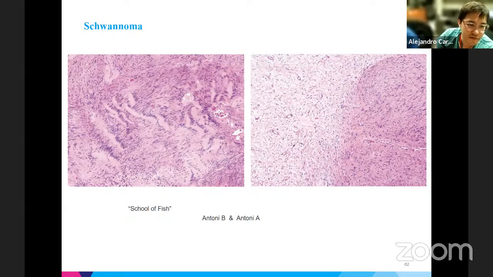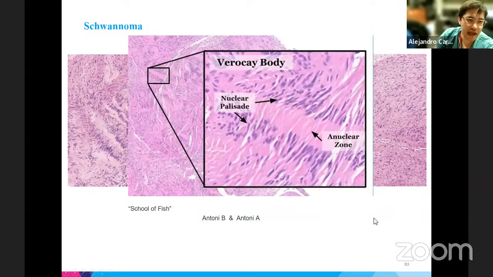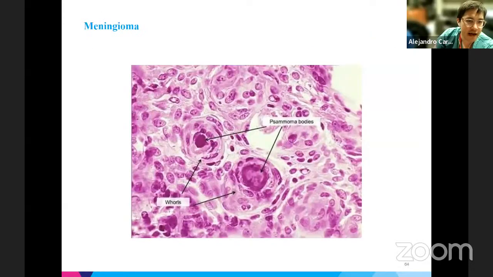You see the school of fish, and then the Antoni B and Antoni A portions of it, where Antoni B is this loose part on the left of the image, and the Antoni A are these tightly packed cells, and Verocay bodies seen here. And then meningiomas, there are many different types of meningiomas with various pathological findings, but they commonly have psammoma bodies and whorls.